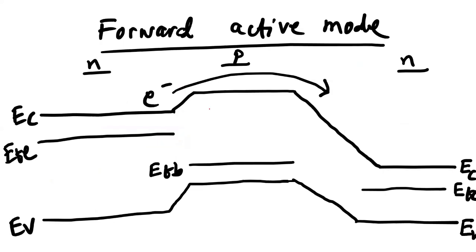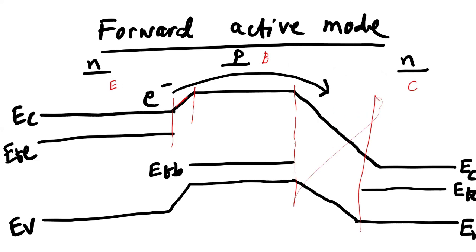So the ideal diagram for the forward active mode will be like this. The space charge width here has reduced, the band bending is now less, and here you can see the base-collector region. This is the collector region, this is the base region, this is our emitter region. So in the base-collector region, the space charge width has increased, and you can see the band bending.